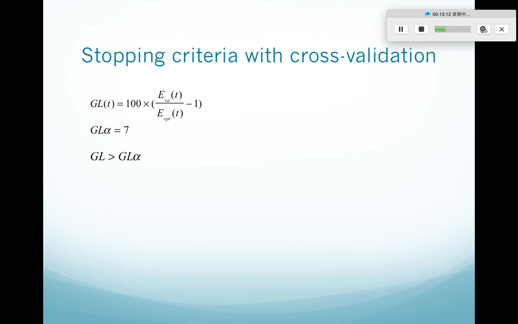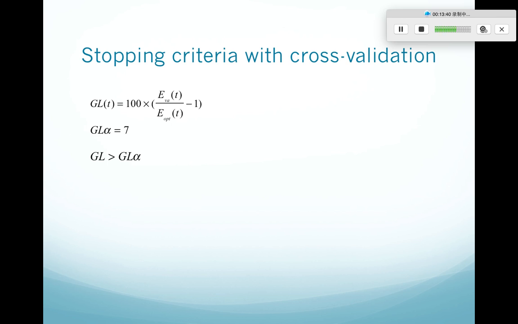Accordingly, we get the stopping criterion: if the generalization loss reaches a certain threshold, we stop training as soon as possible. Here we define the threshold as GL alpha, and we stop iterations after GL is greater than GL alpha.